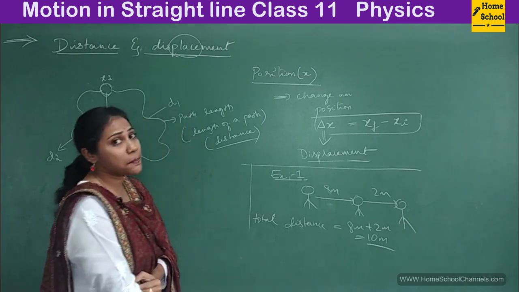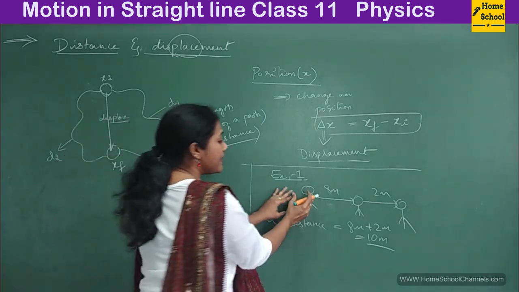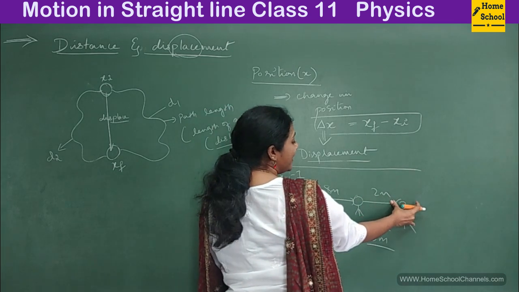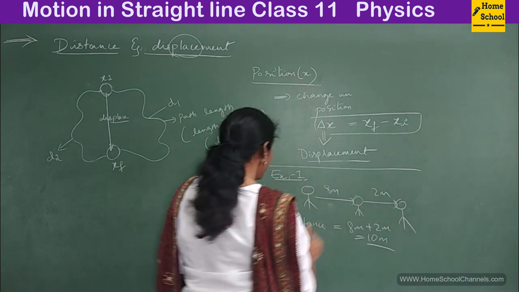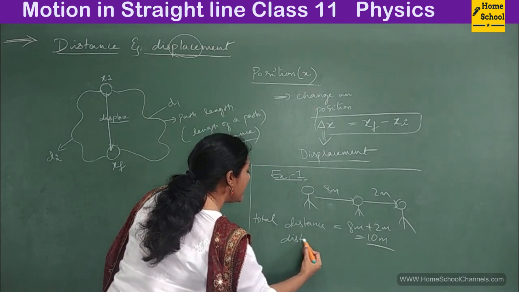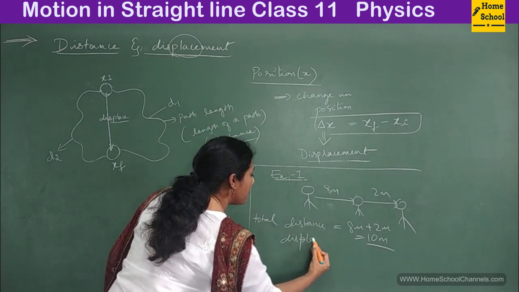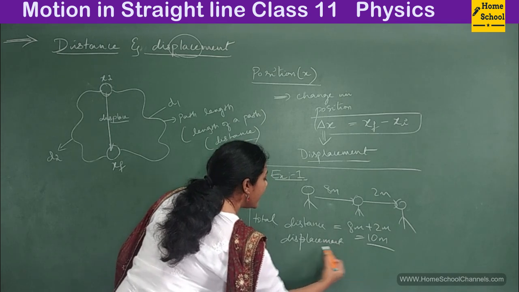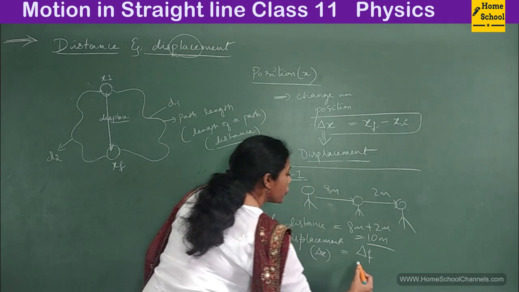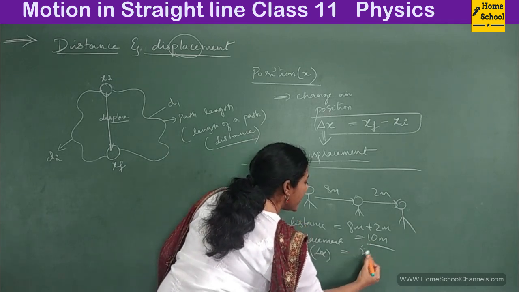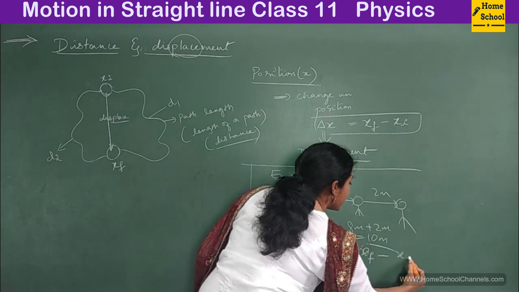But what about the displacement in this case? The person was here and the final position of the person is this, right? So how do you calculate displacement? Displacement, which we call delta x, is equal to the final position xf minus xi.